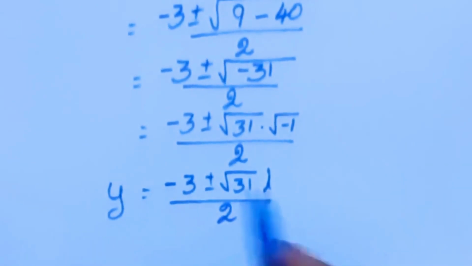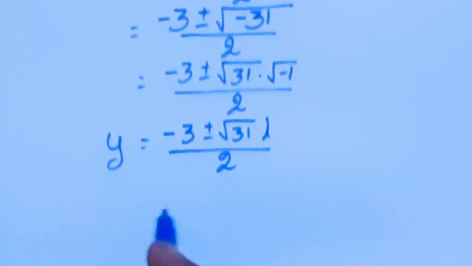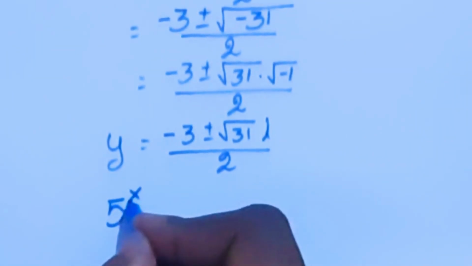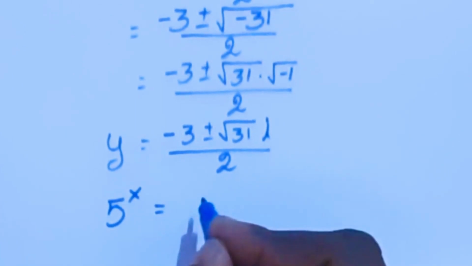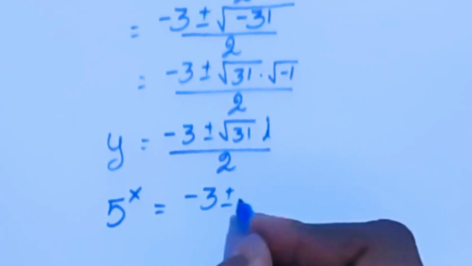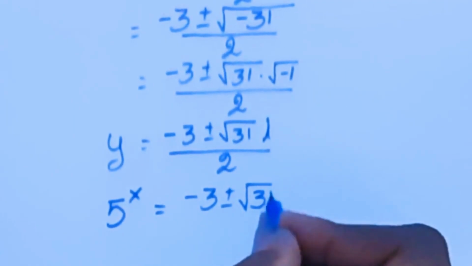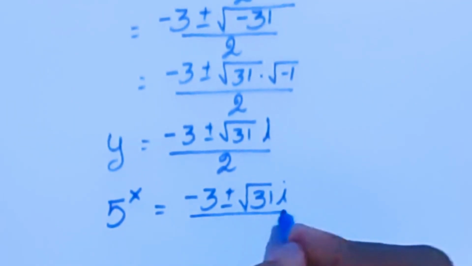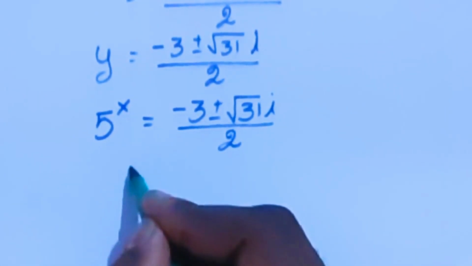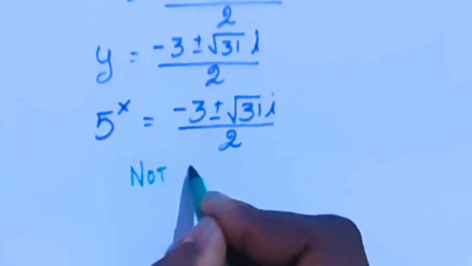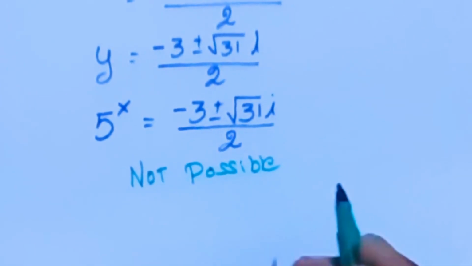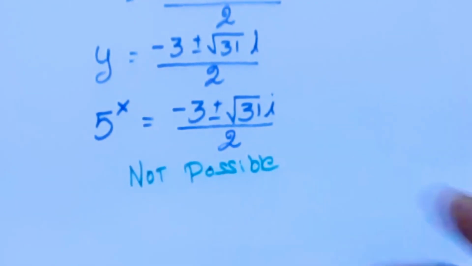This is the y value. Now y can be replaced with 5 power x equal to (minus 3 plus or minus square root of 31 i) by 2. This is not possible to find the x value from this.